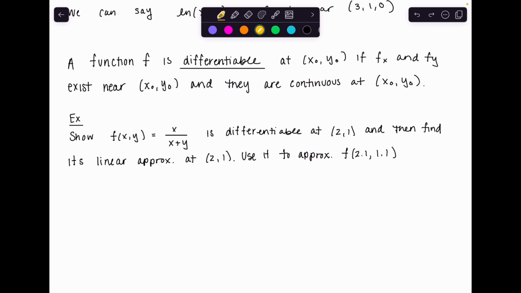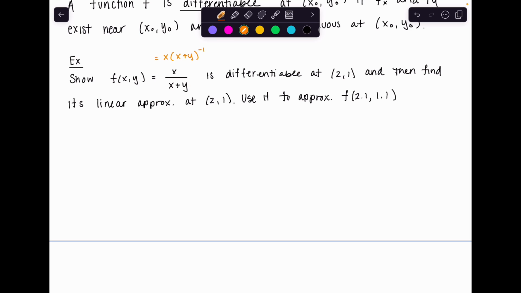So I need to take partials of this thing. I'm going to go ahead and just rewrite this to make my partial with respect to y a little bit easier. If I go to take my partial with respect to x, unfortunately I am going to have to do quotient rule because we have x in the numerator and denominator. So if I take the partial with respect to x, we have low d high, which is 1 with respect to x, minus high d low, and the derivative of the low is also 1.